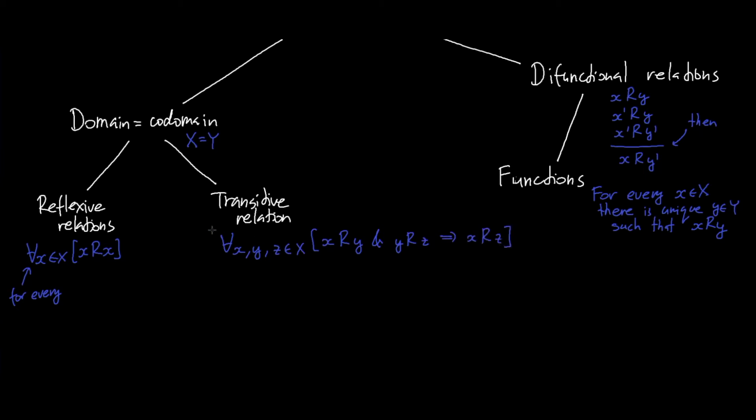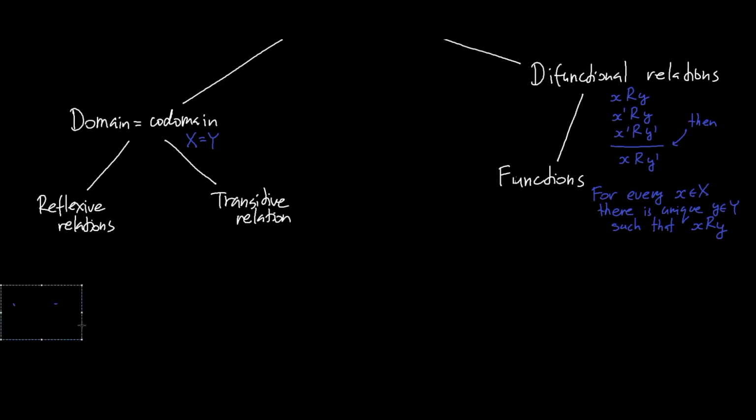But I would actually want to write both of these in the vertical way I wrote difunctionality. So let me do that. Sorry about that, I forgot. So the reflexive relations are where we can always conclude that X is related to X. So once again, this horizontal line refers to then. And transitive relations are when from X being related to Y and Y being related to Z, we can conclude that X is related to Z.